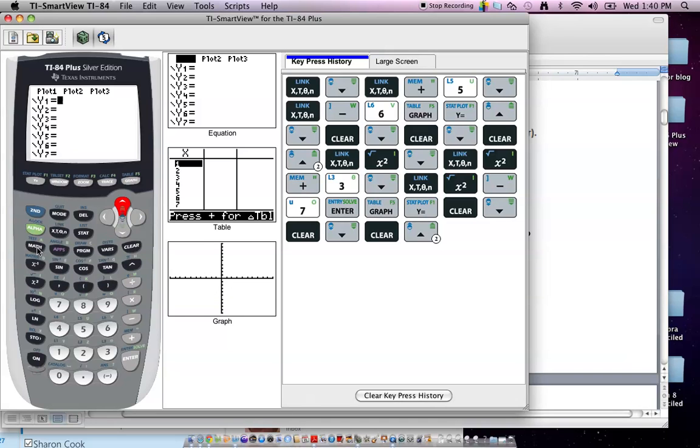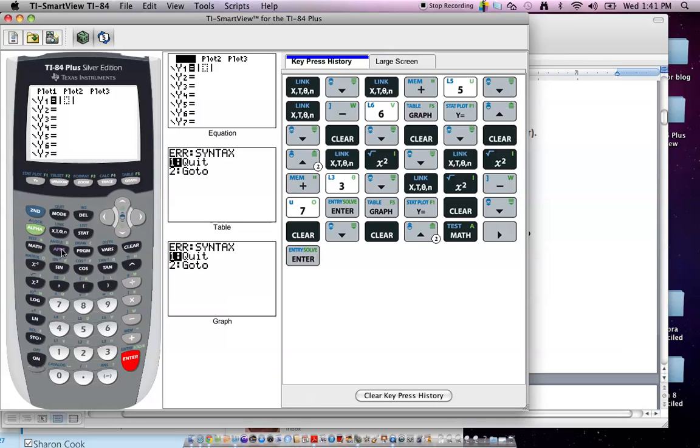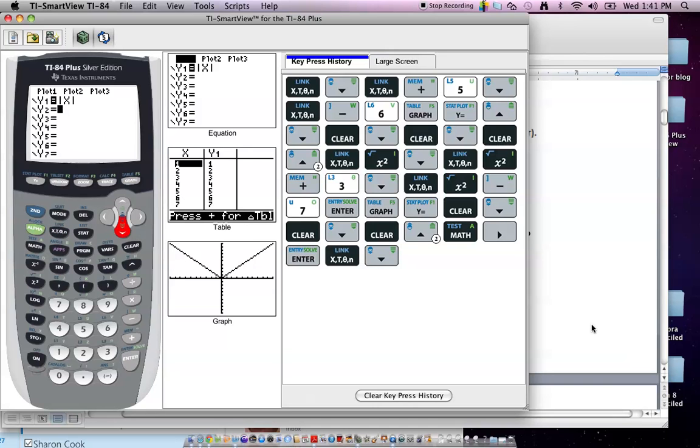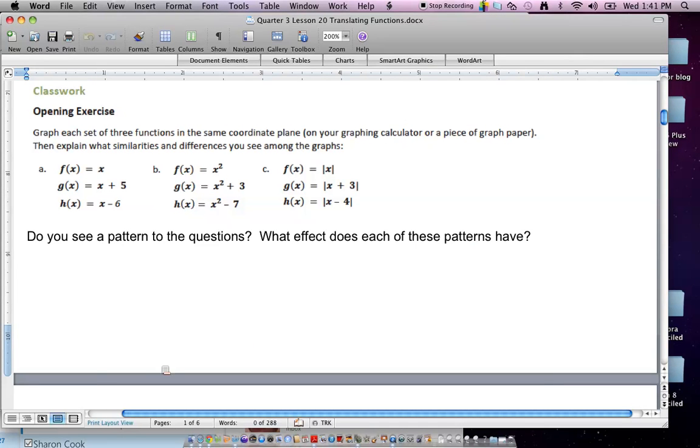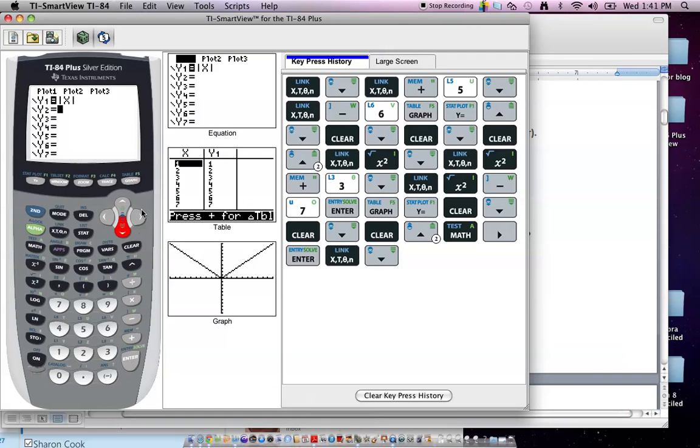Watch. Math. Go across to number, and then the first one is absolute value. So hit enter, and then you can put in your x. Okay? Now you want to do the same thing for the next 2 functions. And it's very important for you to notice that this time the additions and subtractions are inside that absolute value symbol.